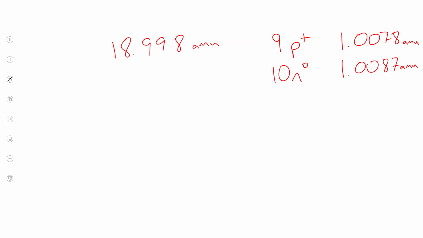Which means if you took 9 protons and 10 neutrons, should it be more than 19 or less than 19, if you just added the pieces up? More than 19. All of our pieces have a mass greater than 1, and we're adding 19 of them together. It should be a mass more than 19. But that's not what the mass of fluorine actually is.